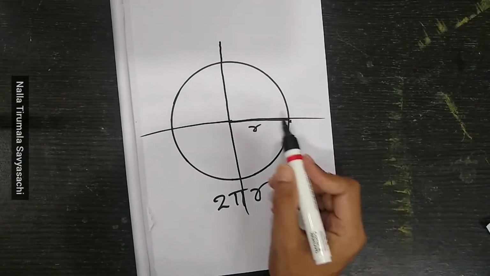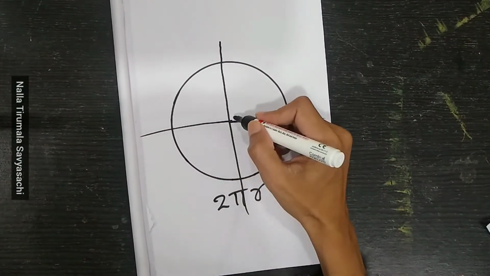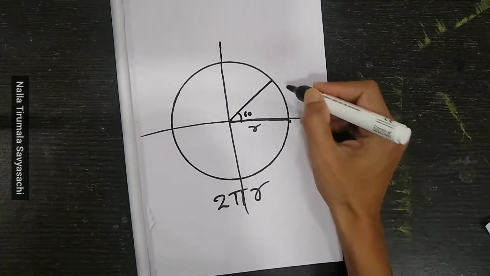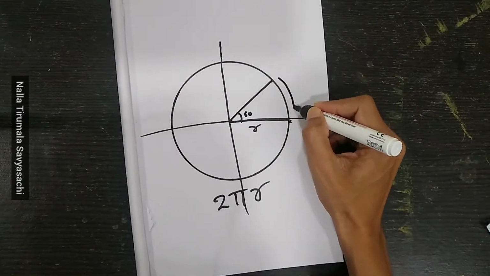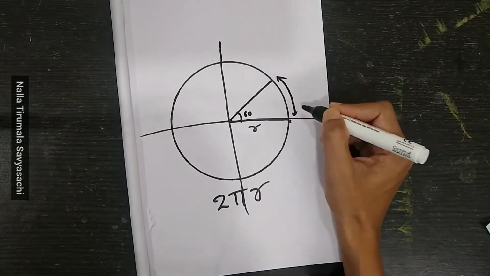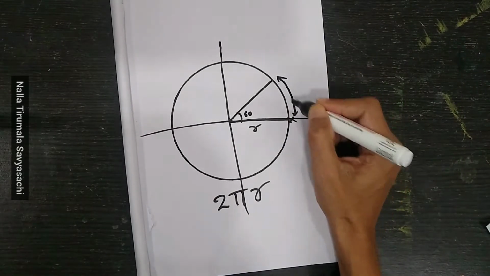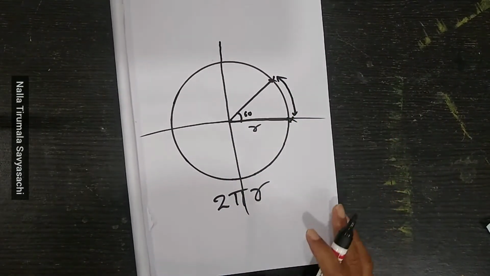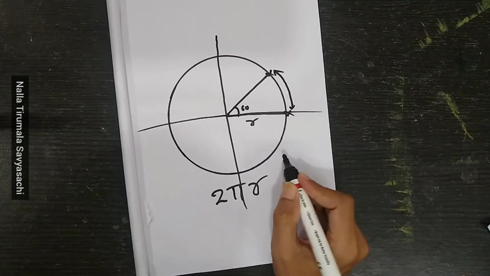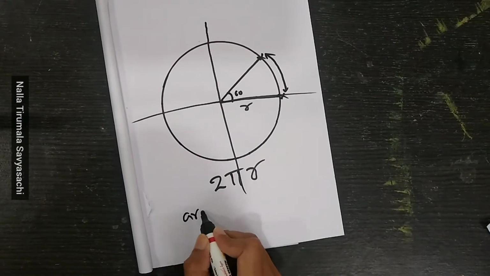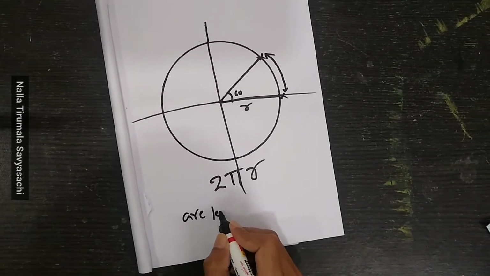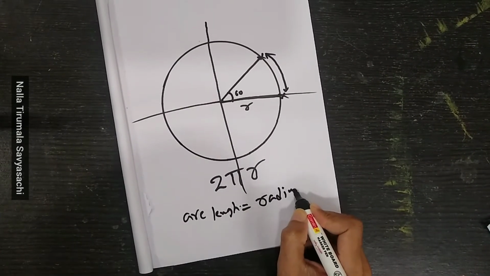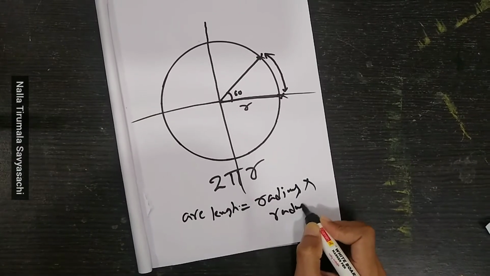Let's say, for example, this line is 60 degrees. Then what is the length of this arc, the length from this point to this point? This arc length can be calculated. Arc length equals radians multiplied by radius.